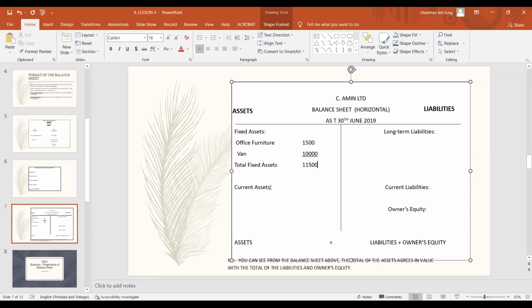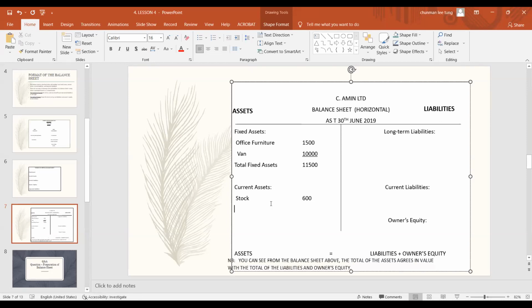Now we are going to our current assets. If you read your note, you would know what current assets are. The first figure we're going to take is our stock. If you look at your total for stock, it's $600. Moving on, our other current asset is debtors, which is $700.